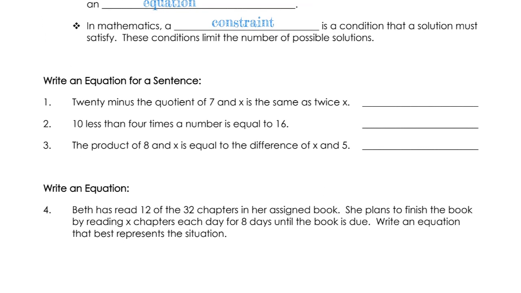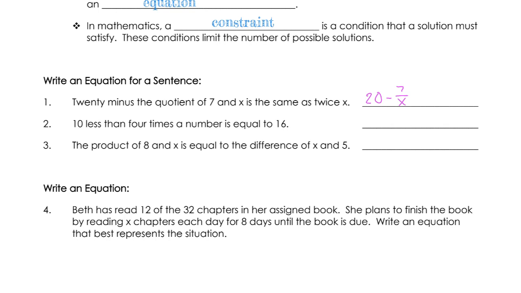So our first set of examples here, we have write an equation for a sentence. Looking at number 1, we have 20 minus the quotient of 7 and x is the same as twice x. Using our words and operation symbols from chapter 1, 20 minus would look like this. The quotient of 7 and x, quotient means division, so 7 and x.